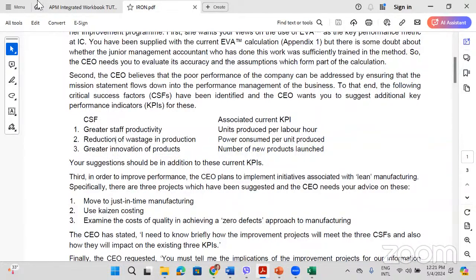So take down: units produced per labor hour does not reflect the skill and effort that goes into producing different units.